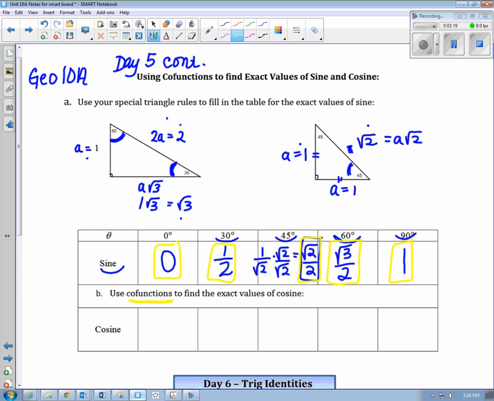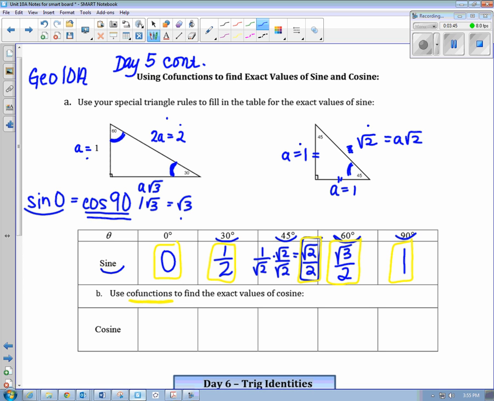I'm going to make a little equation here: if I know the sine of 0 has to equal the cosine of the complementary angle, which in this case is 90, whatever I get for sine of 0 has to be the same thing that I get for cosine of 90.